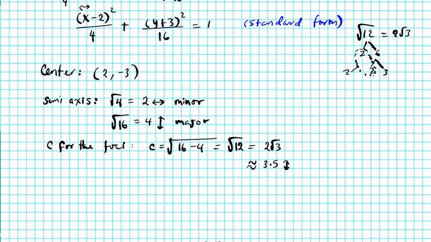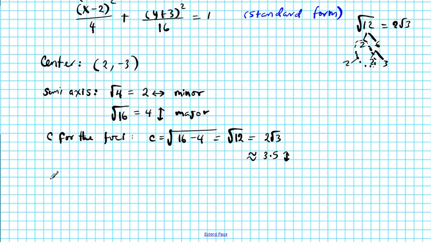Alright, so let's do the eccentricity. The eccentricity is how stretched out our ellipse is. It's going to be stretched out up and down, obviously, because that's the direction of the C. To find the eccentricity, you're just going to do C divided by the semi-major axis.